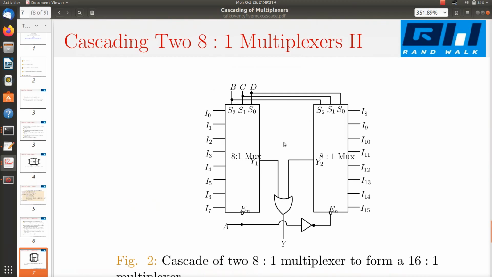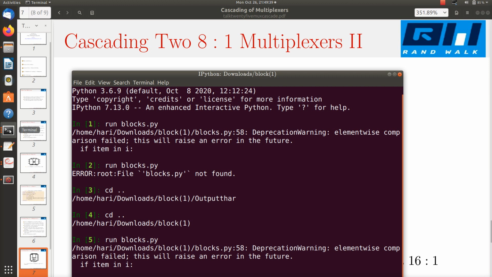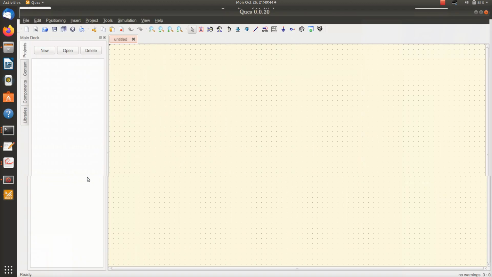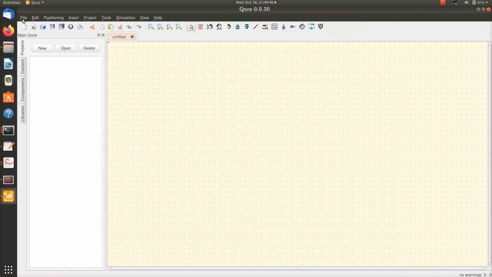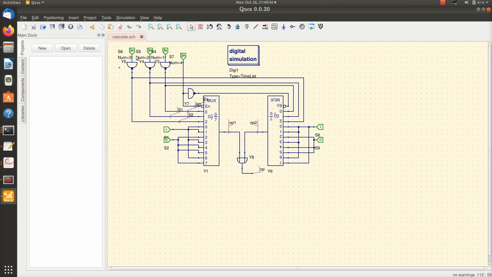So you can see the simulation in QUCS. Here this is a cascaded form of that.